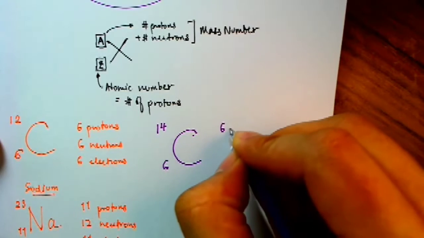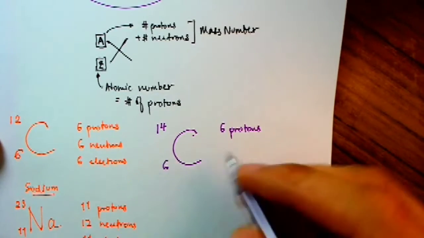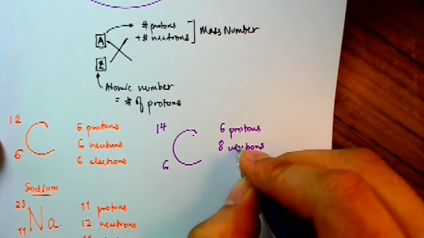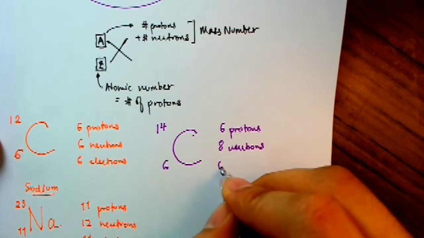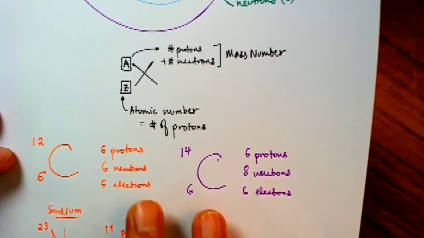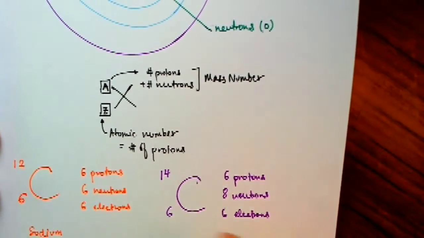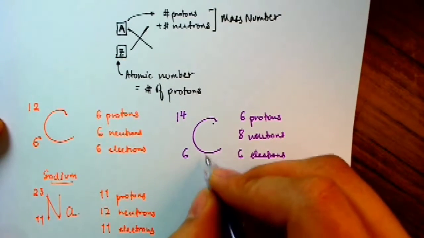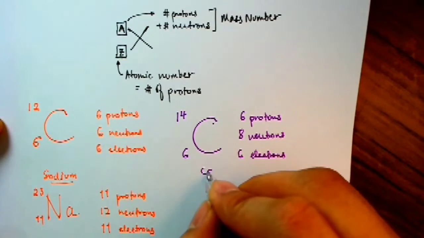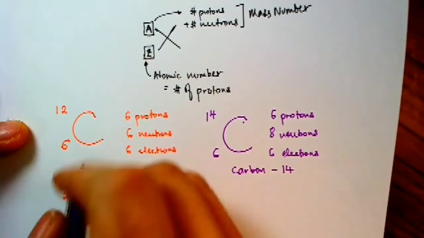Carbon is found in different forms, such as diamond, Buckminster fullerene and graphite; all these are allotropes of carbon. So the number of neutrons will change automatically. See here, carbon atomic number 6 and atomic mass 14, so 8 neutrons, 6 protons, 6 electrons.